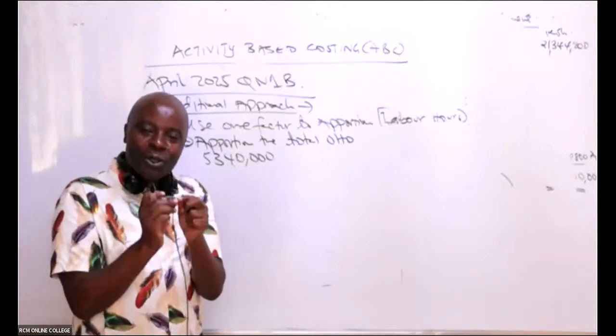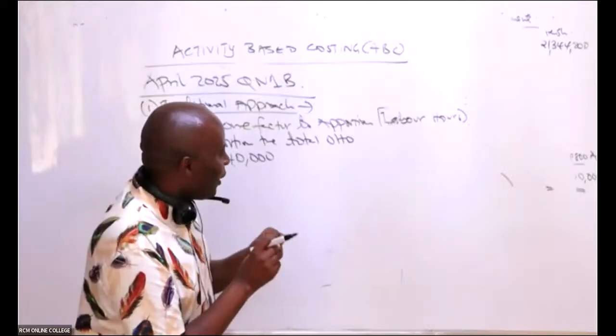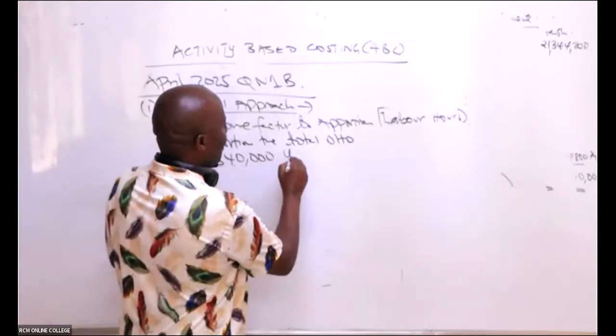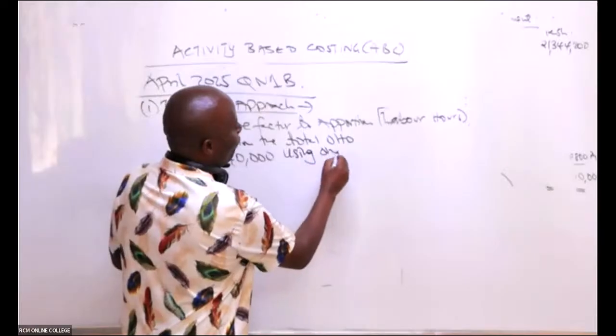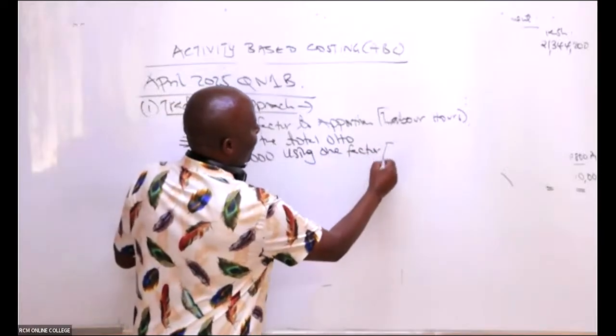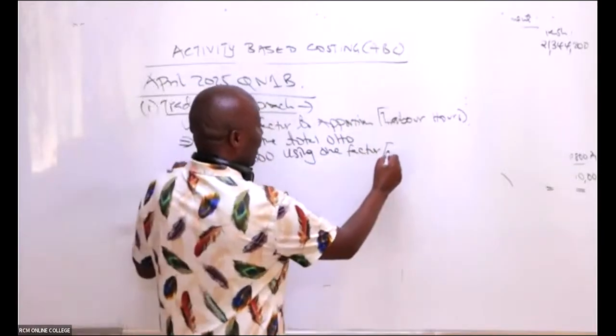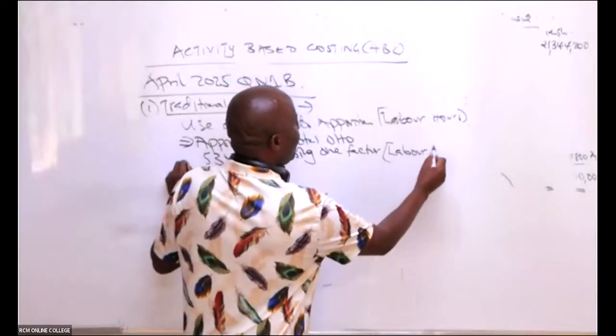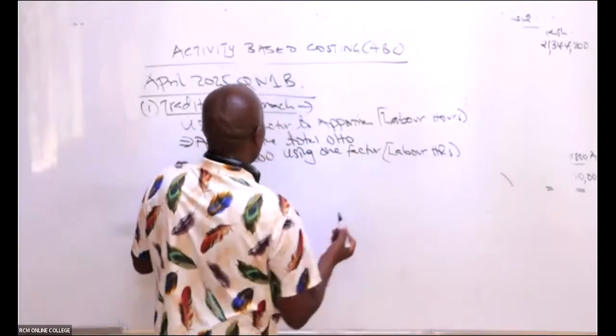They want us to apportion the total overhead of 5,340,000 using what here, somebody? Using just one factor. I'm just repeating this for you to understand this better. Using one factor, which is the labor what here? Labor hours.